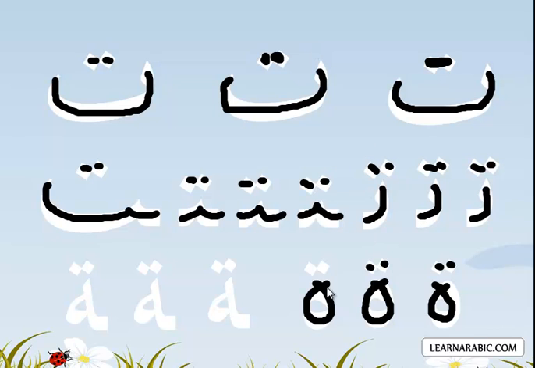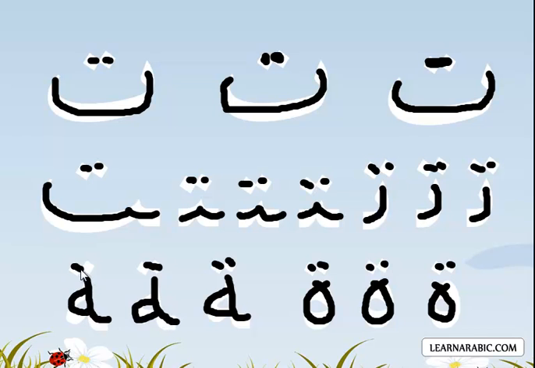So in order to distinguish, the ta also has this form when it appears at the end of a word. So this is ta at the very end of a word, and again like this at the end. So these three from here onwards, this one here at the end, and these are 3 ways that ta can appear at the end of a word.